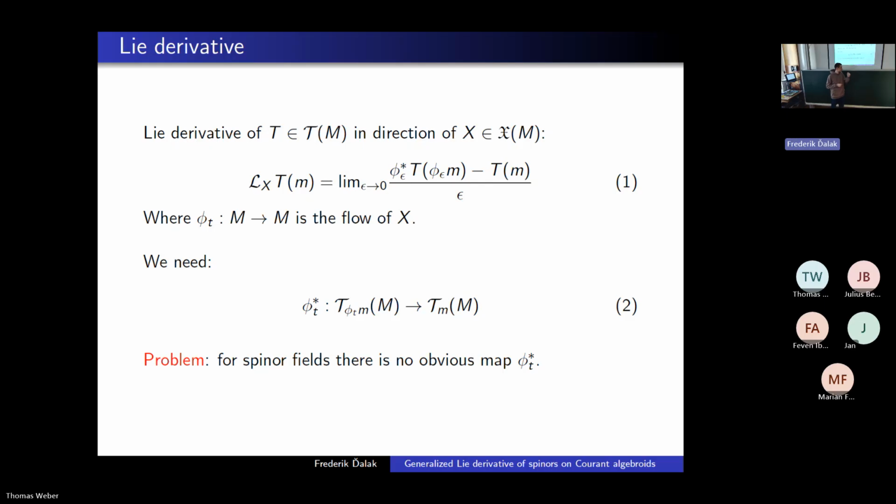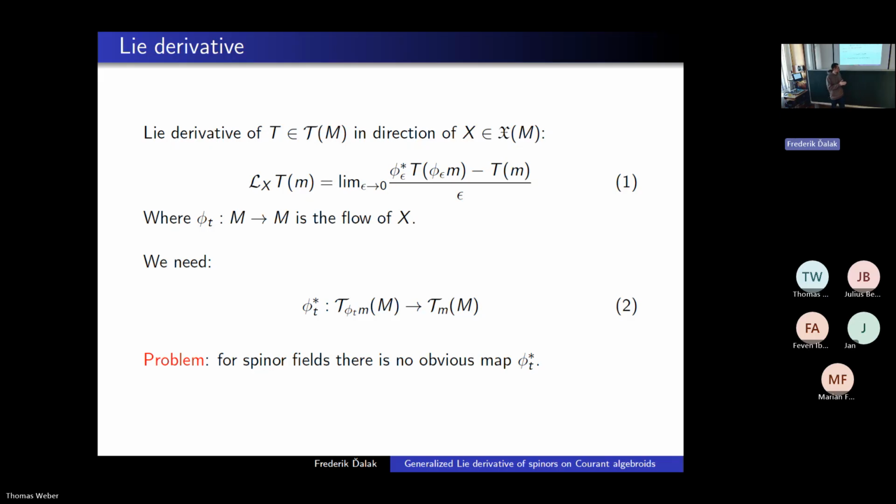And so if you think about the spinor fields at different points, these are defined first of all for different vector spaces, being the different tangent spaces at different points, and also for independently different metric structures, being the values of your metric at the two different points. And so the vector field flows generated by an arbitrary vector field have no way of knowing about this metric structure, right?